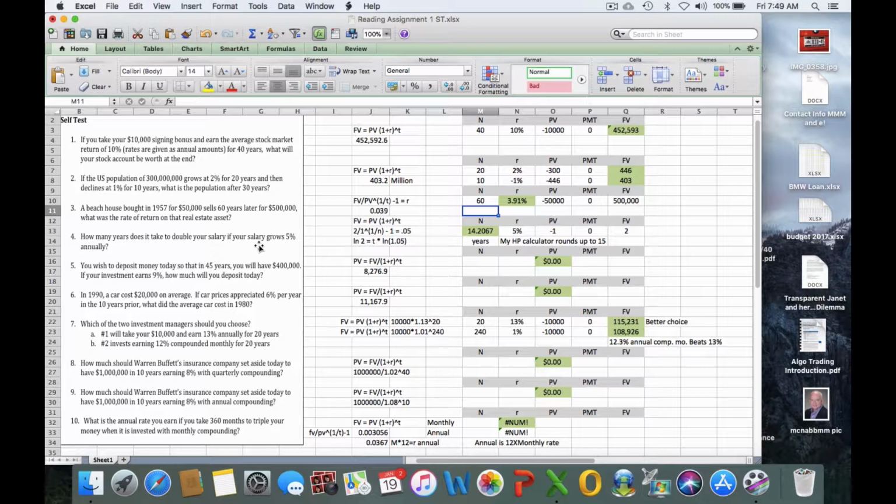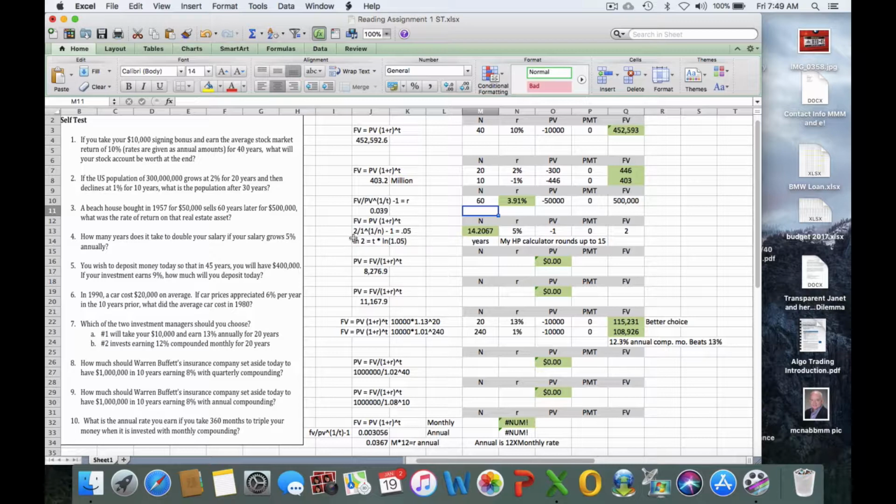The next one, how long does it take to double your salary if your salary grows 5% annually? That one, you can do it either by guessing, just keep plugging in the unknown number of years, or you can take the natural log of this expression. What you'll get, since you're doubling, what you start with is 1, you end up with 2.